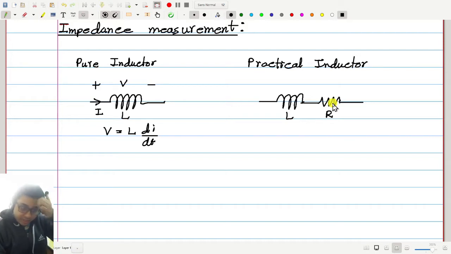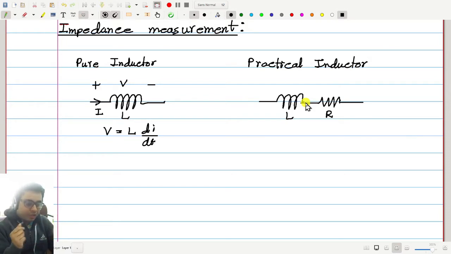But this resistance may actually represent other energy dissipation phenomena. If we are considering an iron core inductor, some coil wrapped on an iron core, then when we apply a voltage across that coil, power is lost not only due to the Joule heating or I square R loss in the conductor, but also there may be loss due to hysteresis of the iron core, and eddy current loss in the iron core.